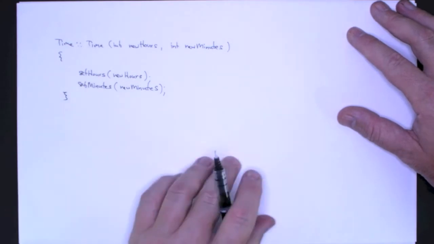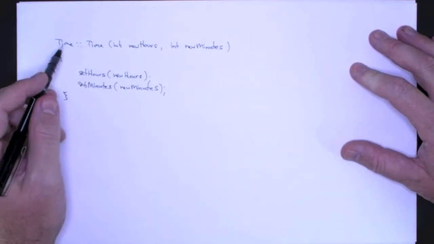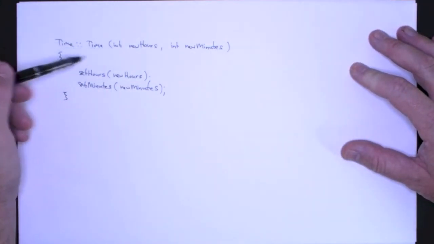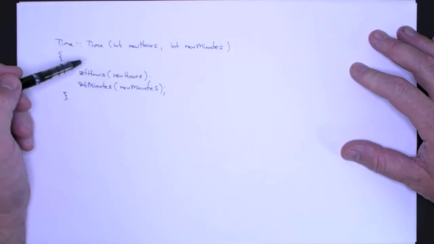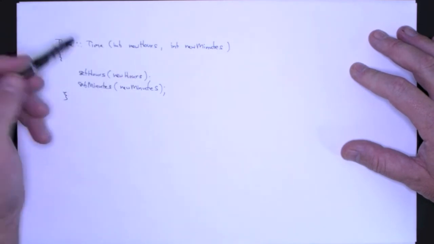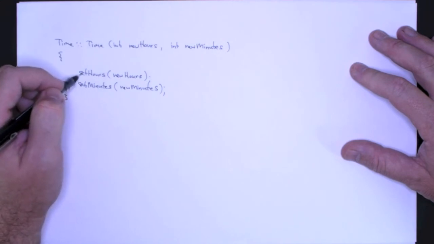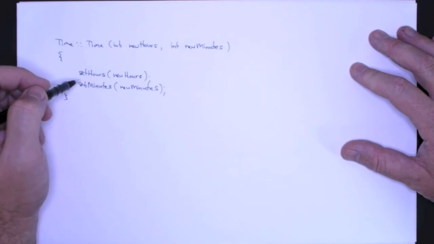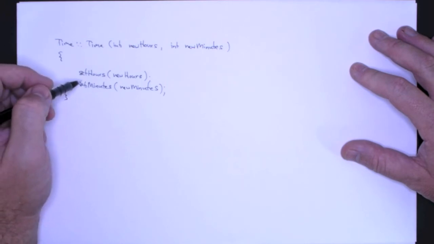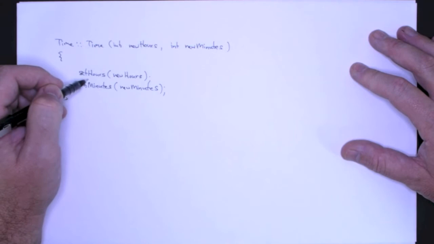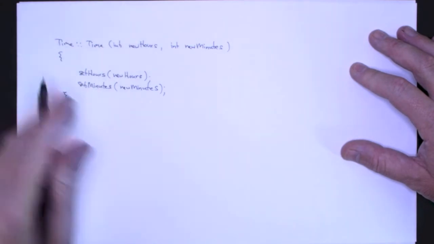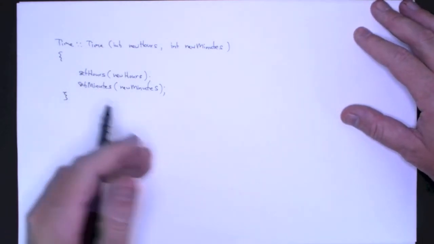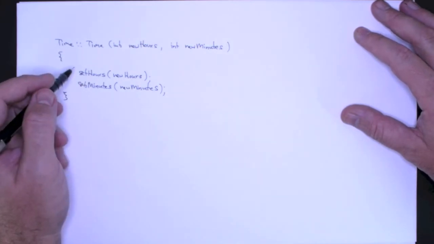Just like that. Now here's the subtlety. This is a constructor, so when it executes, hours and minutes are unassigned. They have no values. Well, if one or both of these set methods fails silently, then that means the private data members will be left unassigned. So I have to give them legitimate default values first, before I call set hours and set minutes with these integrity checks. I can do that by assigning them to 0.